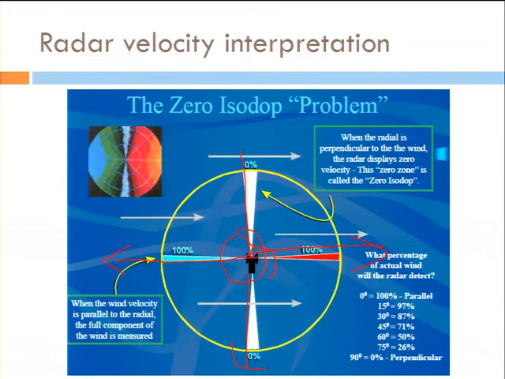And there are going to be portions of the image where the radar cannot actually detect any wind at all. Okay, and so what might that look like? Well, let's assume that in this case, the wind is blowing in the directions of the gray arrows here, okay?